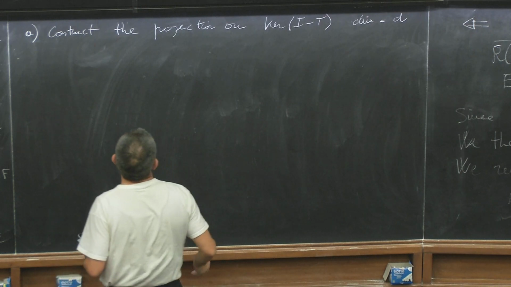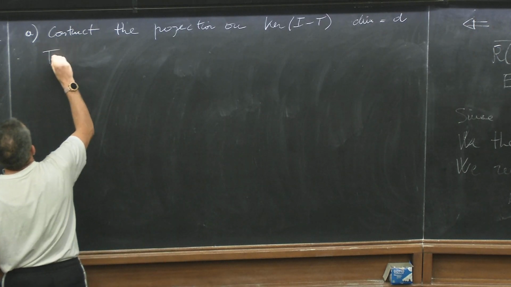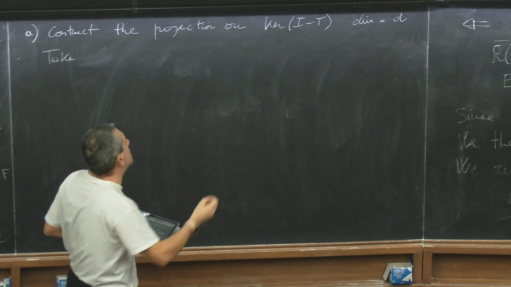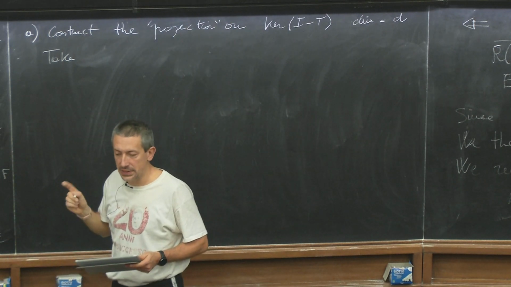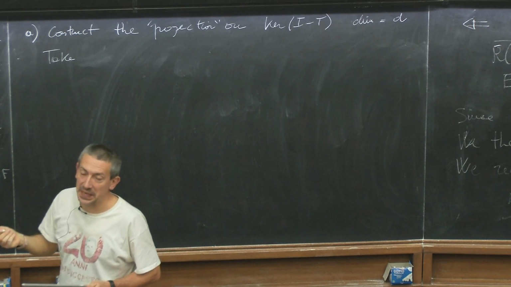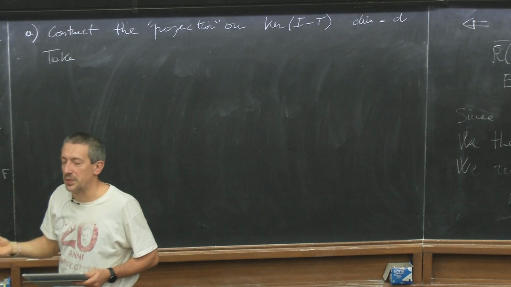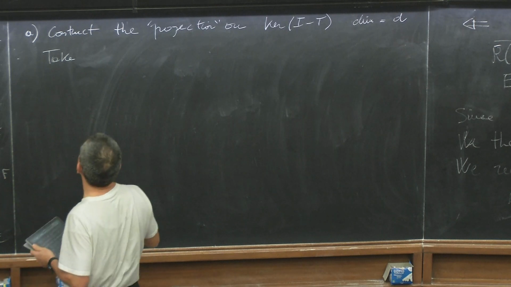So now the projection is just a continuous operator. It's different than in Hilbert space. Let's call it projection, but it's a continuous operator. There is no orthogonality in these spaces.